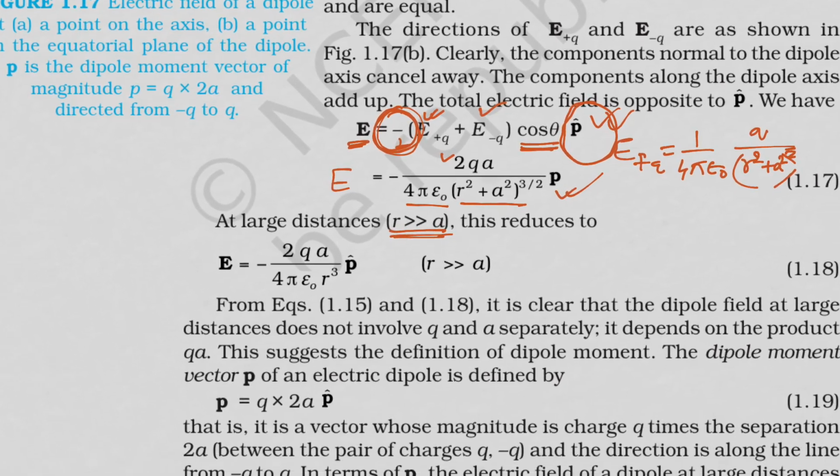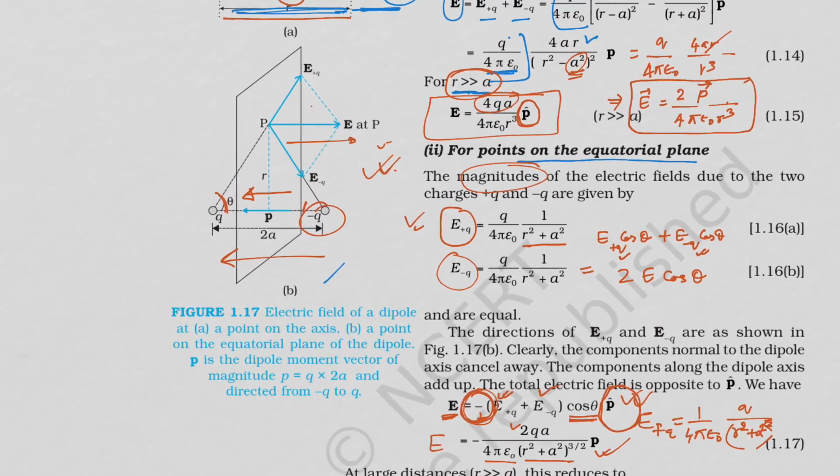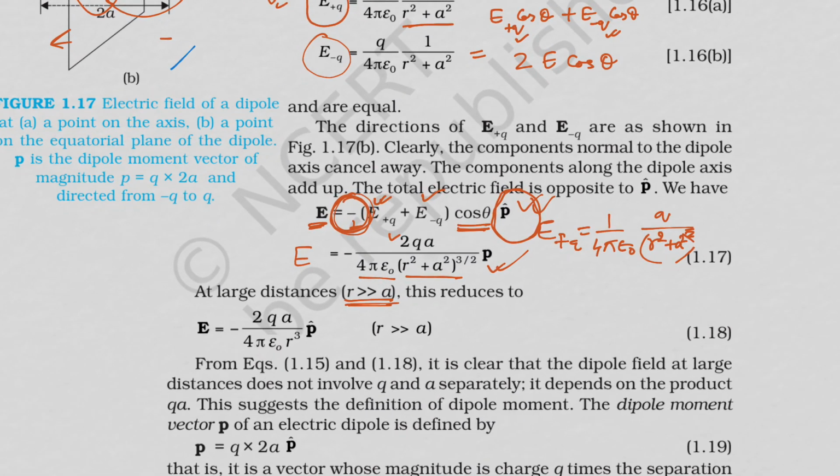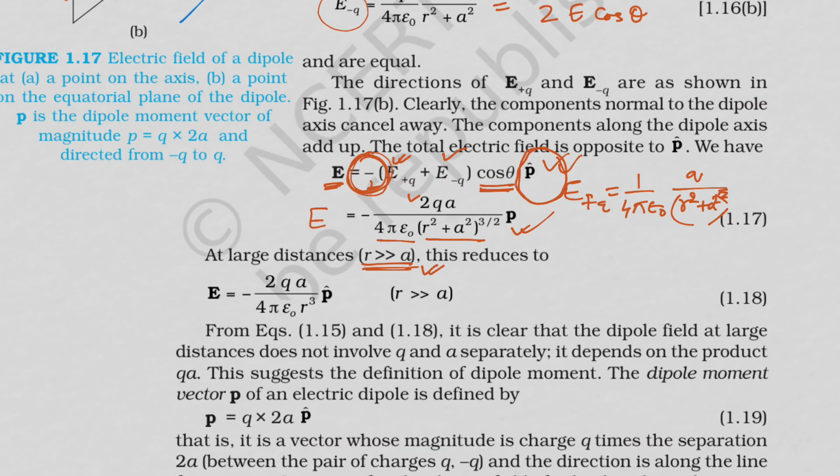So this distance r is way bigger than the distance a. That's why we will ignore a here, and we'll focus only on the r, and we get this thing right here. So our E is equal to minus 2aQ upon 4 pi epsilon naught r cube.